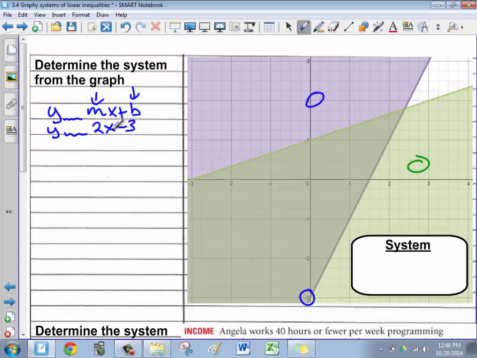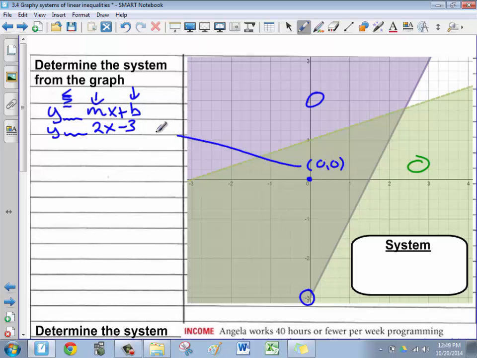Now we just have to figure out what that something is, and what I mean by something is less than or greater than or equal to or something like that. In this situation, this is a solid line, so we know it's going to be an equal to situation. We just have to figure out which inequality it is. Here's what we do. We're going to pick the point 0, 0, just like we've done before, and plug it into the equation.